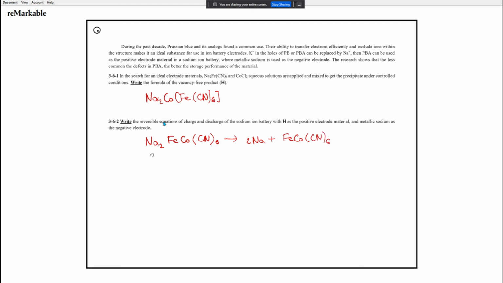And when we would like to discharge the battery, then discharge meaning we just use the battery, and you can see that that is probably the usual flow of reaction when highly reactive sodium travels through the whole electrolyte into that structure, and then it fills all the pores and changes oxidation state of iron and cobalt. And that is discharge.